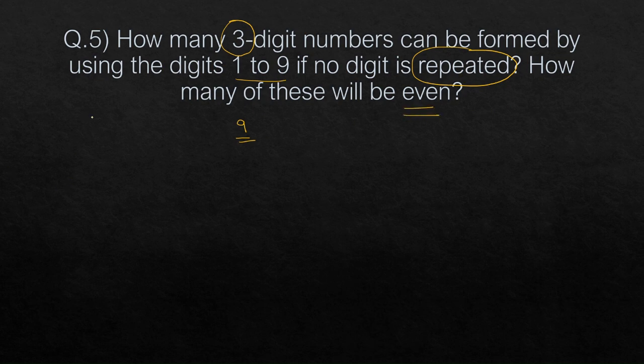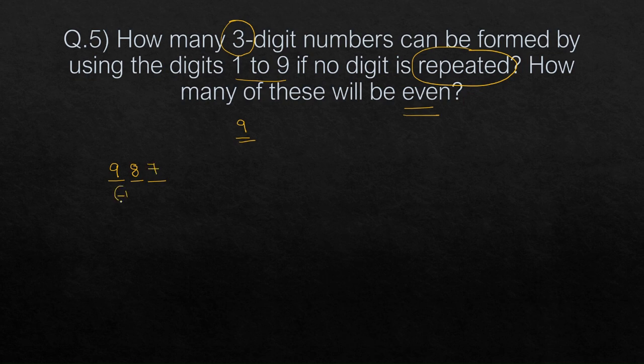So the first part, if you try to solve, the question says that the number should be of 3 digits, which is the first condition. So we'll draw 3 dashes here, and if you check the options available, there are a total of 9 options available. So we'll write 9 at the first place, and when you move on to the second place, we'll reduce it to 8, and in the third one to 7.